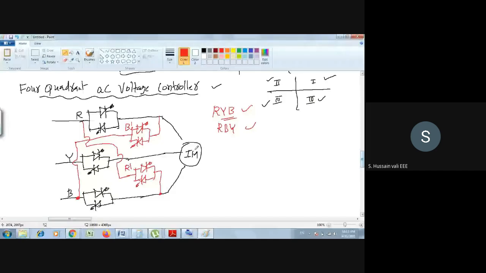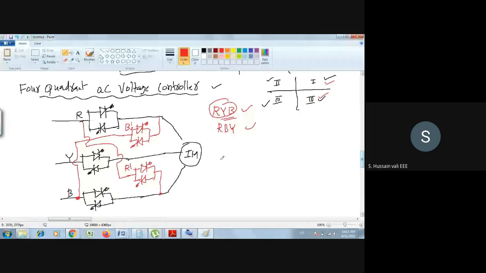So what exactly you are going to do here is change the phase sequence. With one phase sequence, RYB, you can operate in the first and fourth quadrants.